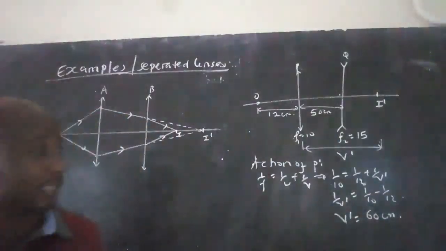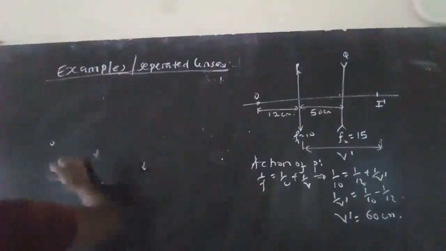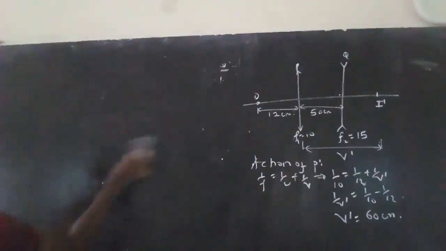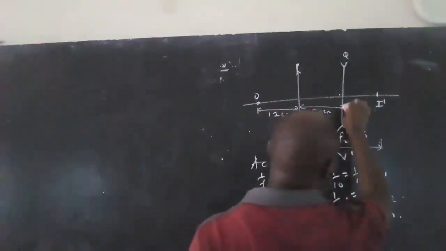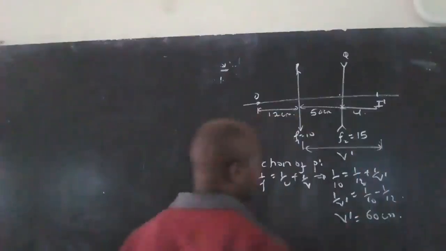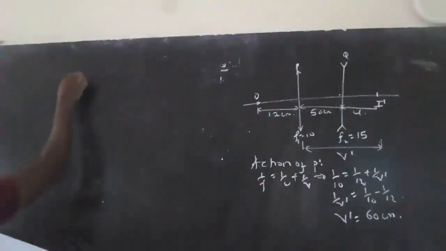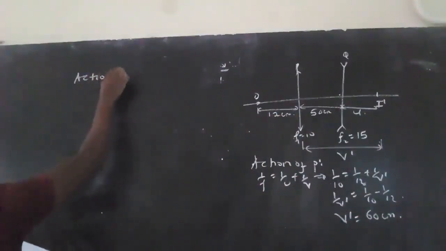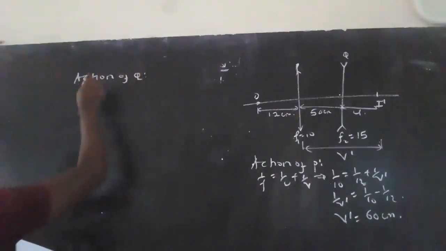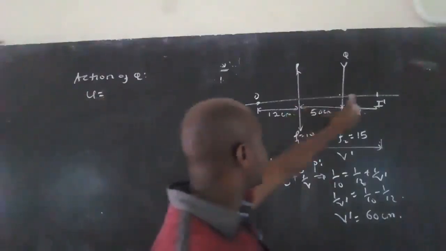Now, where is that 60 centimeters? Remember, this answer will become u. So action of Q. What is our object distance? From here to here is 60.